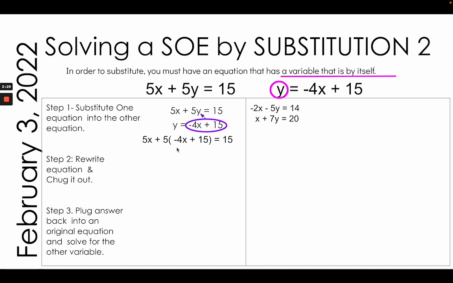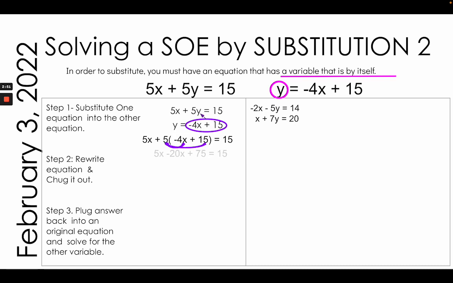With parentheses, we have to distribute, then combine like terms, and then solve as a two-step equation. So let's get rid of these parentheses first. We're going to distribute our 5 out evenly to the other parts of the equation: 5 times negative 4x, and 5 times positive 15.